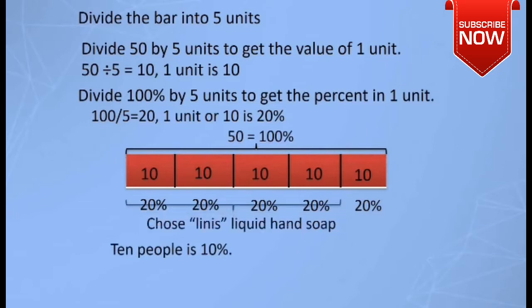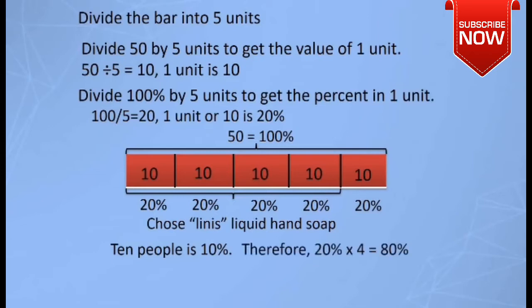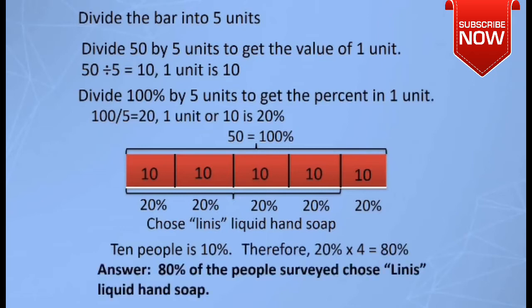And these parts represent the number of people who chose Linis Liquid hand soap. Therefore, 20% times 4 parts is equal to 80%. The answer is 80% of the people surveyed chose Linis Liquid hand soap.